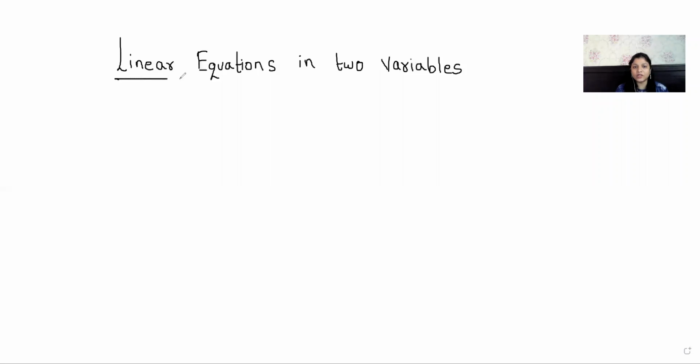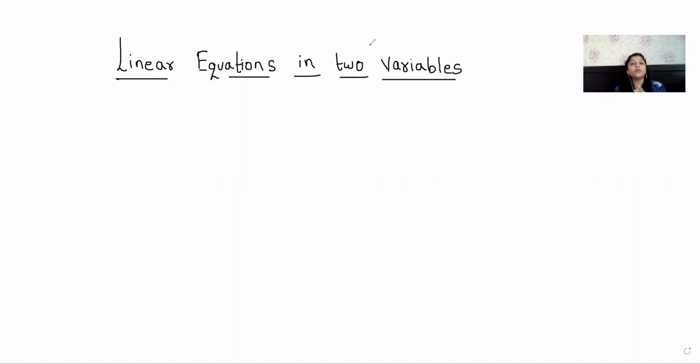Linear equations means equations having the degree of the variable only 1. That means the degree of the variable should not be more than 1. Any equation, in any variable, where the highest power is 1, is called a linear equation.